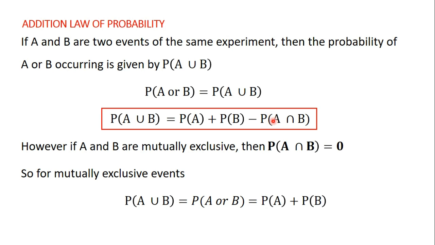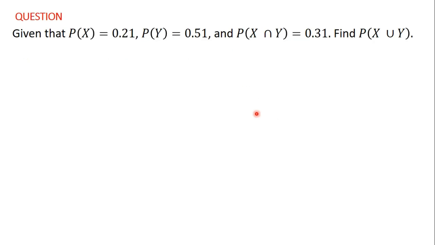Let's solve a question with this. Given that probability of x is equal to 0.21, probability of y is equal to 0.51, and probability of x intersection y is equal to 0.31, find probability of x union y.